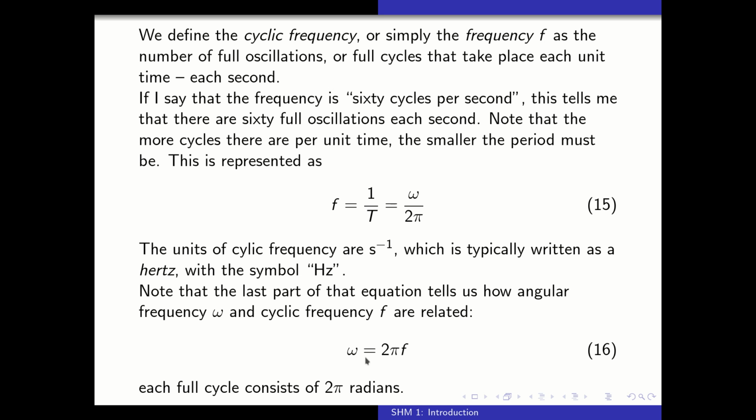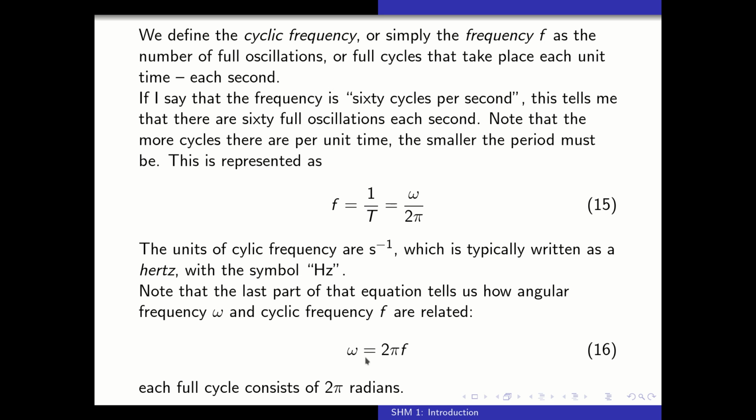We define a different frequency, which we call the cyclic frequency, to distinguish it from the angular frequency. We define a cyclic frequency f. Now we often abbreviate that and just refer to it as the frequency, but this is the number of full oscillations or full cycles that take place each unit time, so each second.